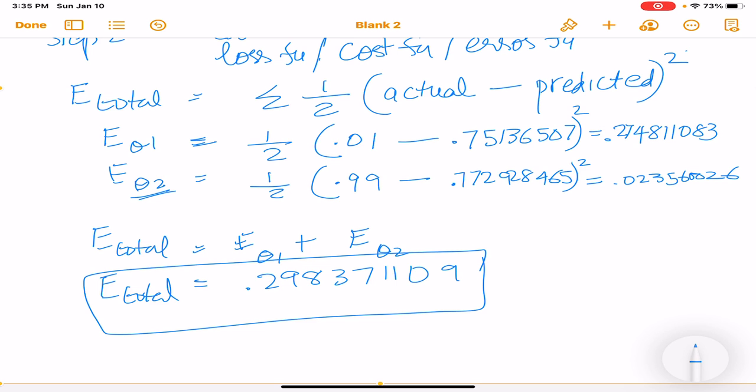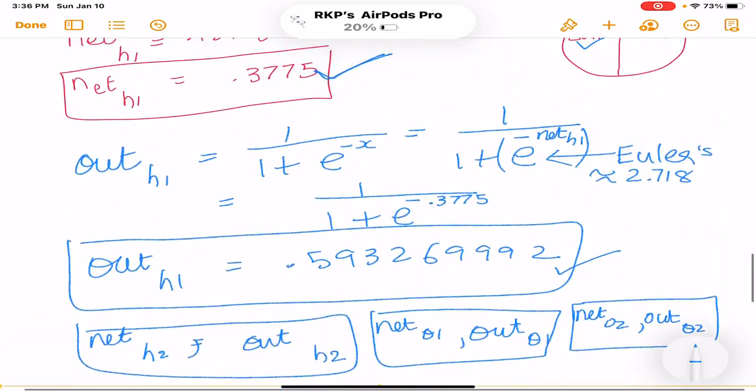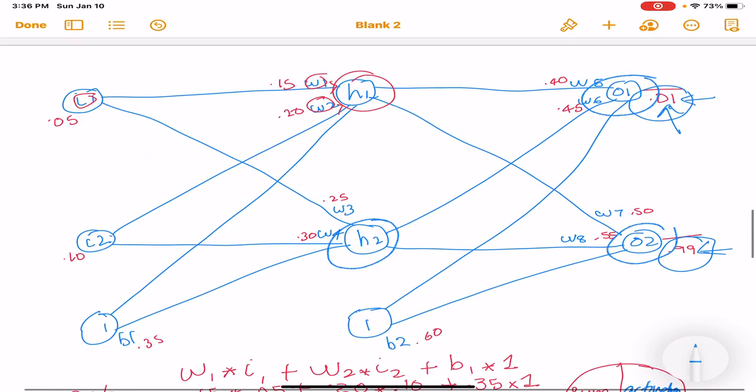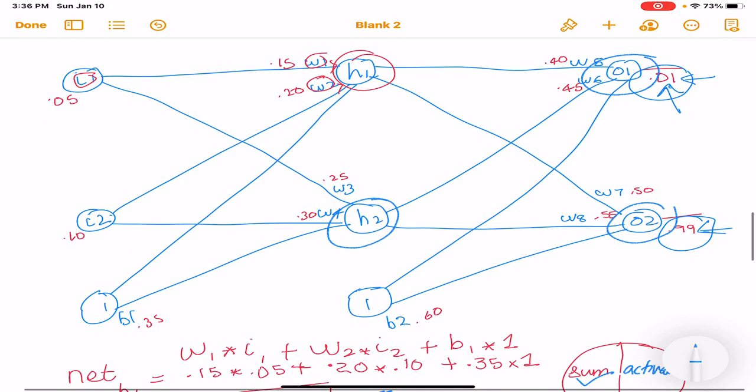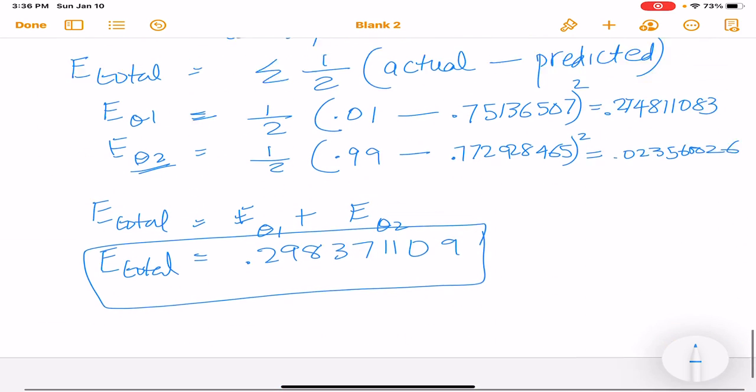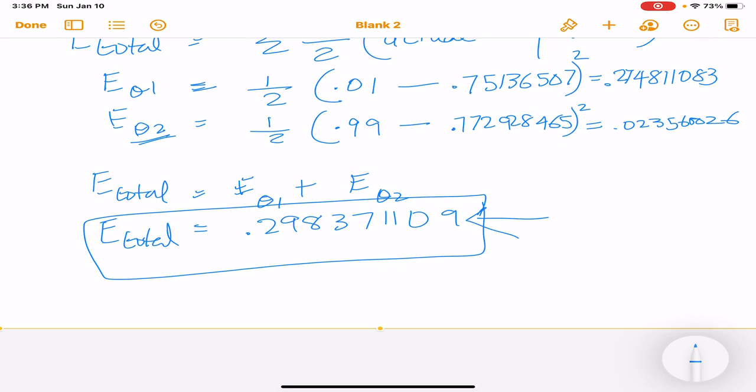The next thing that happens during the training of a neural network is backward propagation. In backward propagation, we will try to adjust these weights. We have already initialized these weights for my network, and this was a random initialization, and based on these weights this is what my error is for my network.